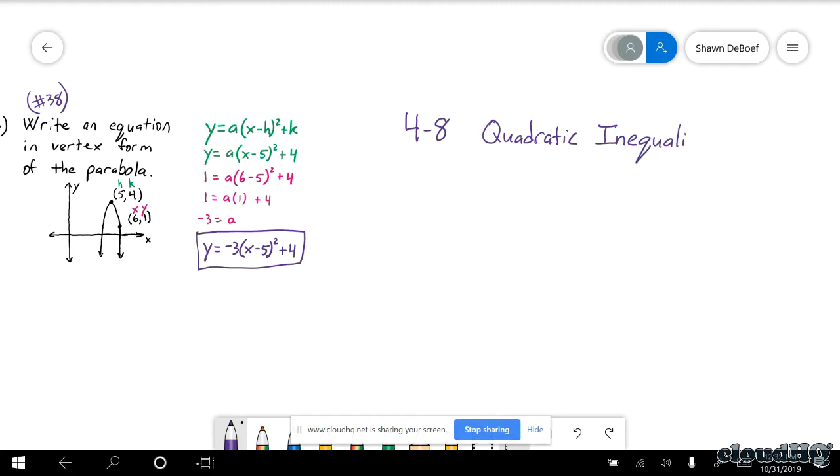This is the final section of the chapter, which means once you complete this section, you'll be ready for the test, I hope. The test is the block day of next week. So in this class, that's Tuesday. Tuesday we'll take the test over all of chapter 4.